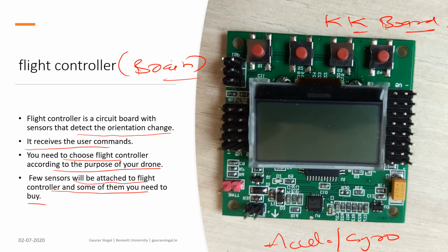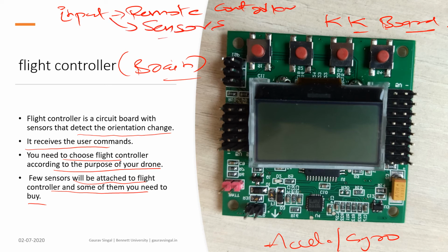So this will work with two inputs, either input from the remote or input from the sensor. Based on both inputs, it will send the output. I can tell you this is the front position and this is the back position.